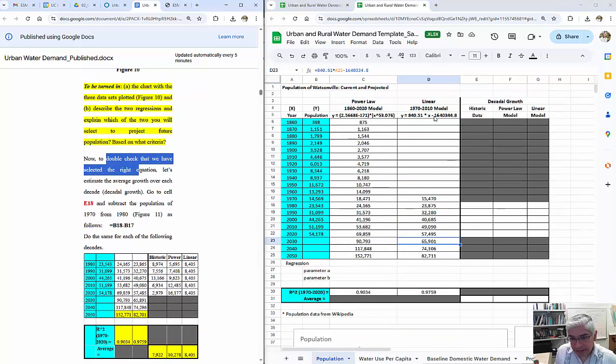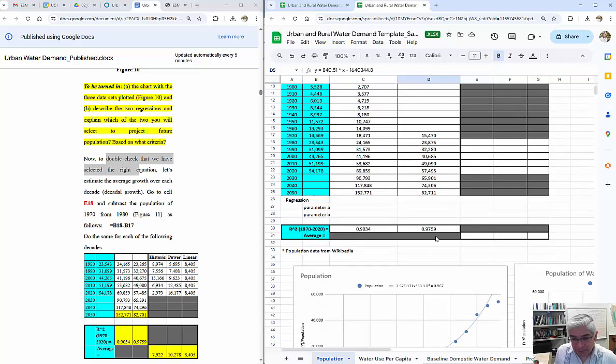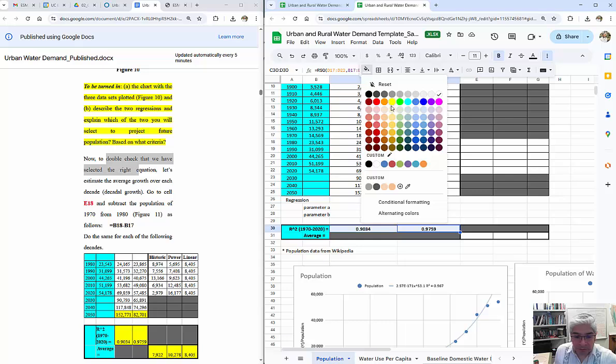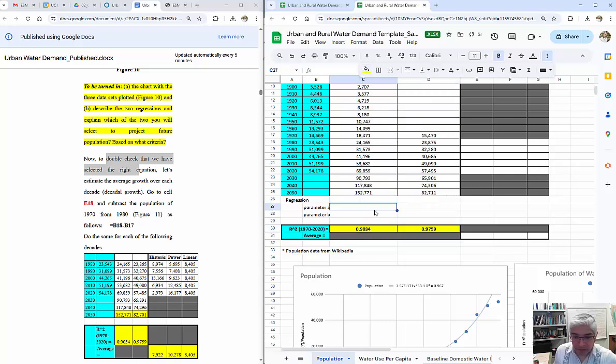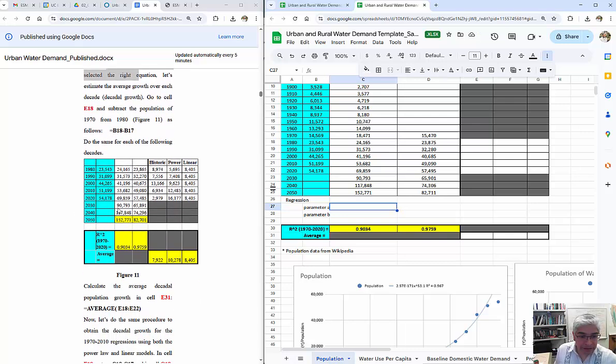So this has a better R square than this one. But how do we know that actually this data is correct? So one way to know is to see what has been the decadal average.